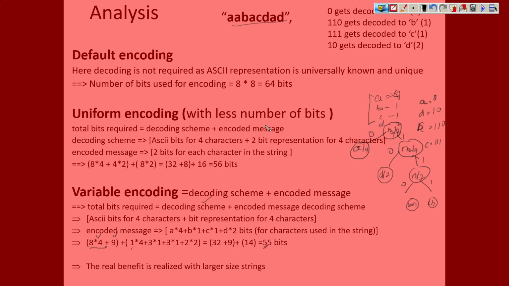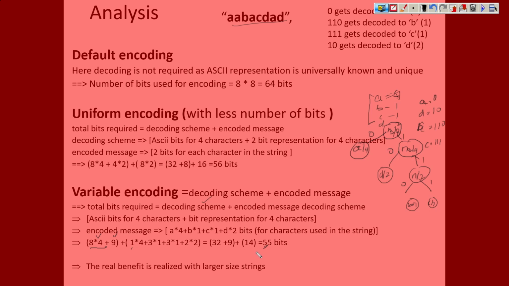Now, here we can see 64, 56, 55, which is not much difference, meaning it does not show a big difference, but this is only visible for a small word of 9 characters. Now think about a larger file, then we can realize how much the size of this file can be reduced if we go with this approach.